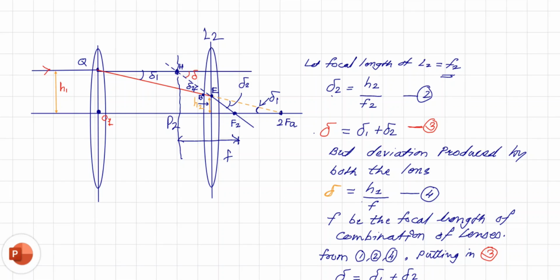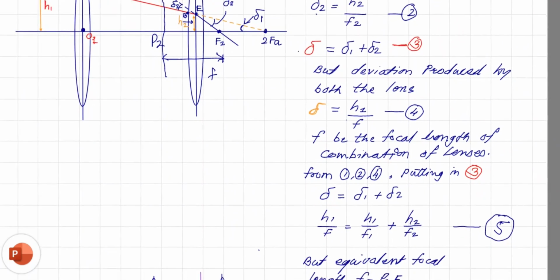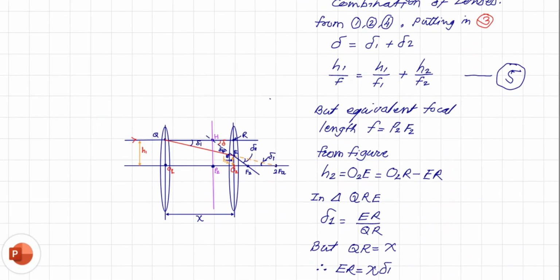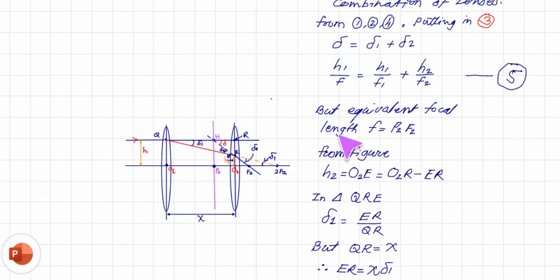Now we got delta 1, that is h1 upon f1, then delta 2, h2 upon f2, and delta is equal to this. So putting these values we can have delta is equal to delta 1 plus delta 2, that is h1 upon f is equal to h1 upon f1 plus h2 upon f2. But when we talk about the equivalent focal length f, we want to put it here.